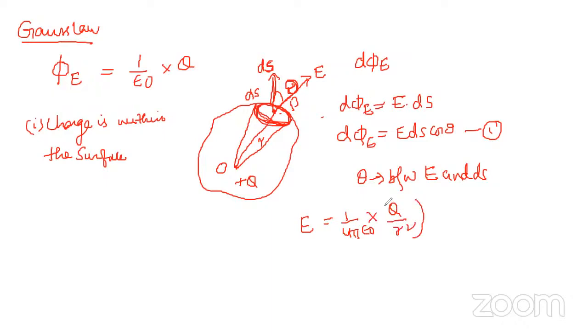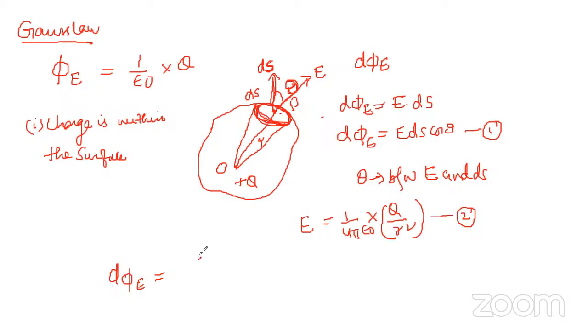We have already seen this when we studied electric field intensity. Make it equation 2. So from equations 1 and 2, d phi E is obtained by substituting this value of E in the flux equation d phi E is equal to E dS cos theta.